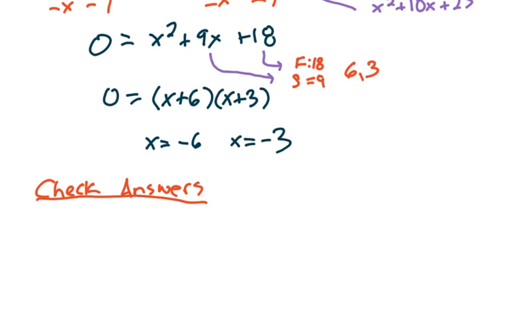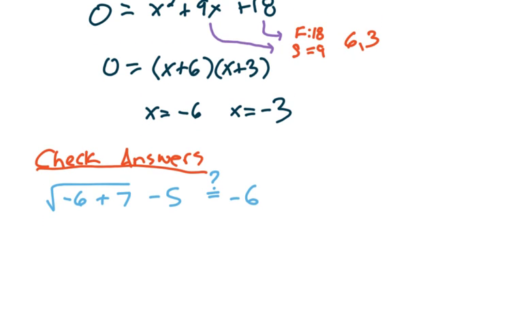So let's plug in the -6. So this will become the square root of -6 plus 7 minus 5. And we're going to see, does this equal -6? Well, the square root of -6 plus 7 is the square root of 1, minus 5, and we're saying, does this equal -6? The square root of 1 is 1, minus 5.